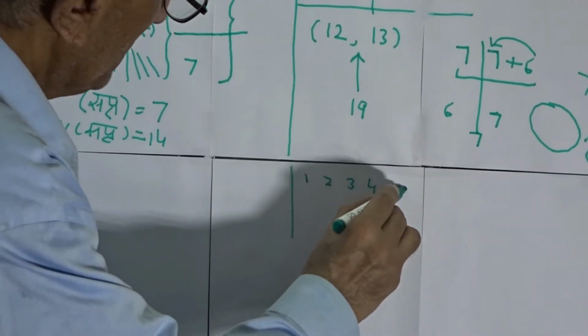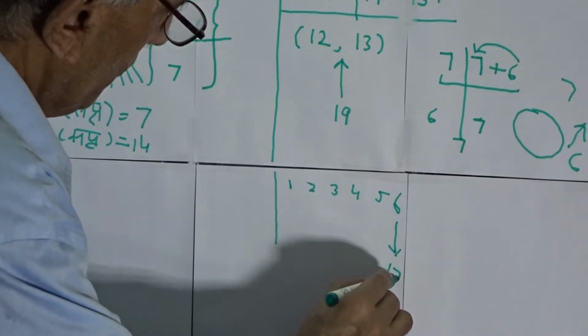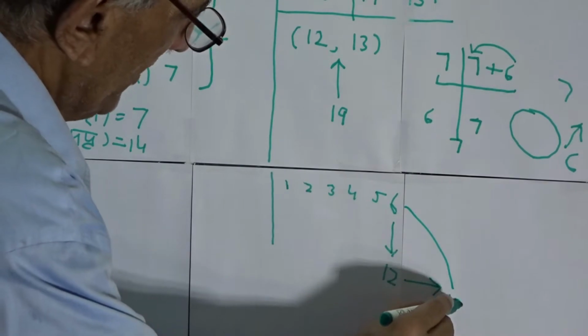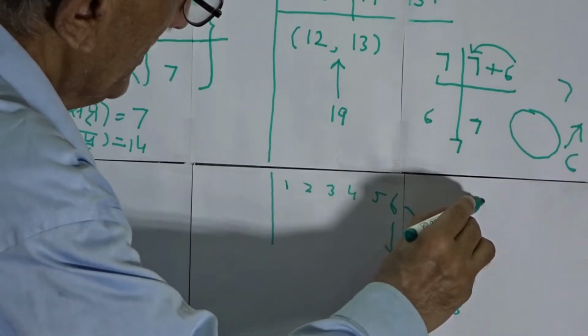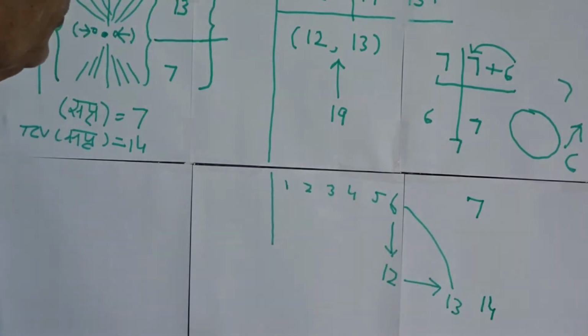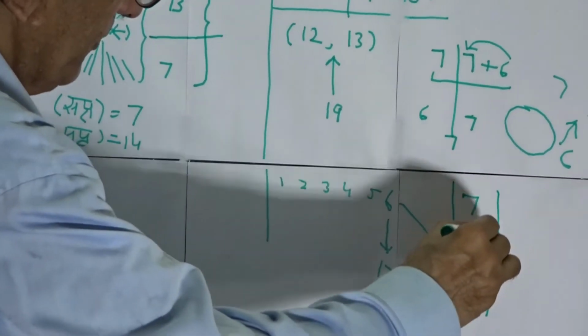4, 5 and 6. We know 6 space is having 12 boundary components and 6 space is having 13 geometries range. Step ahead, 7 space is having 14 geometries, 14 boundary components.